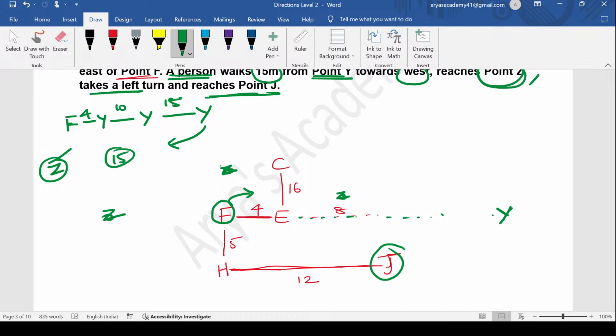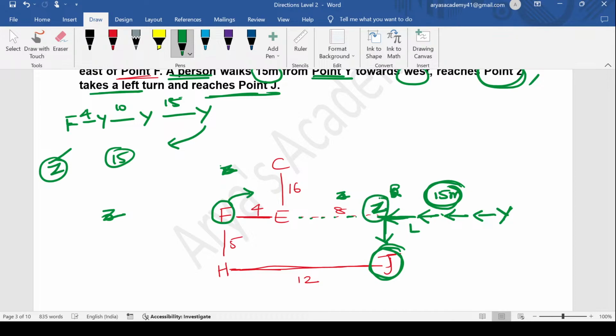They have very clearly mentioned that a person starts from point Y and travels in the west direction, and that too for 15 meters. After traveling for 15 meters, he is actually moving in this direction, right? If you go upwards, that becomes right. If you come down, that becomes left. After traveling for 15 meters, he will arrive at point Z. And from point Z, he takes a left turn, means he comes towards south and then reaches point J.